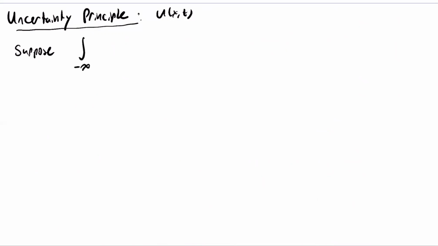We're going to suppose now that the integral from minus infinity to infinity of |u(x,t)| squared dx is equal to 1 for all t, which we can assume, at least for the Schrodinger equation, as we saw above, just by scaling the initial position function. The statement of the uncertainty principle is the following.